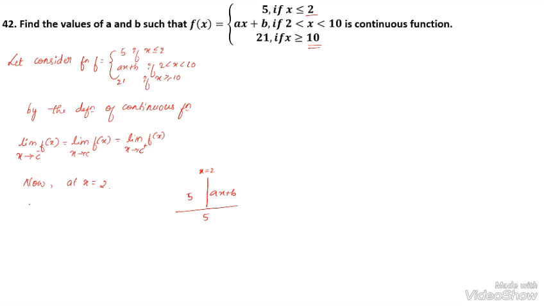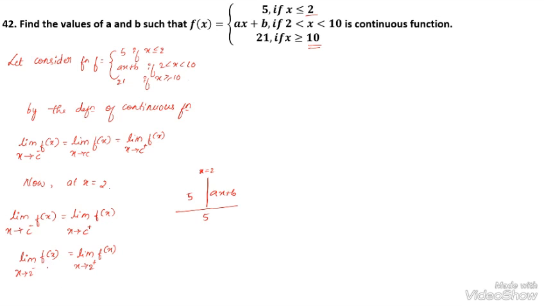So I take limit at x tends to 2 minus f of x is equal to limit at x tends to 2 plus f of x.